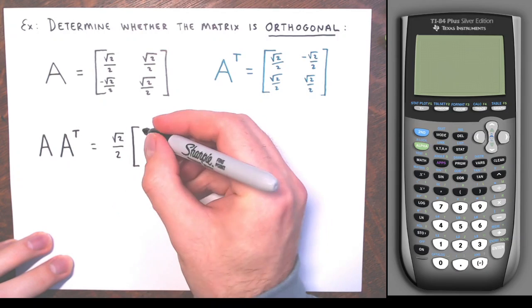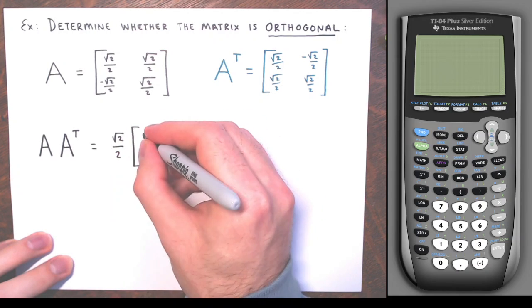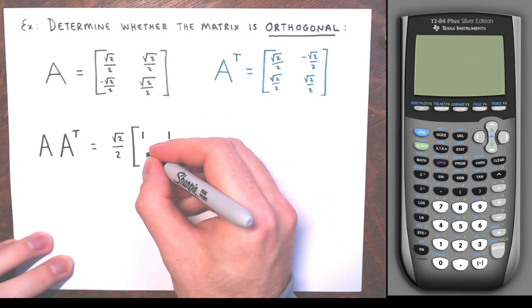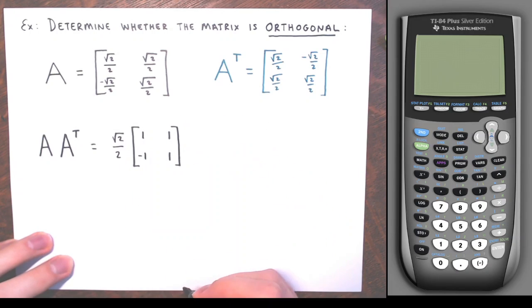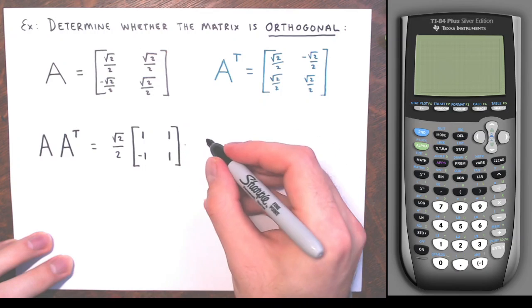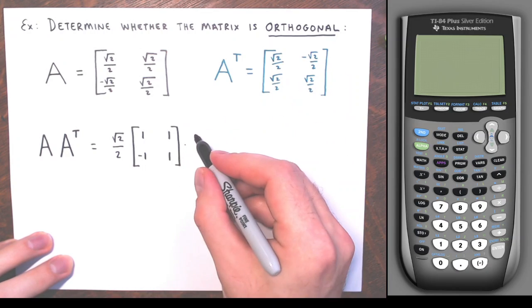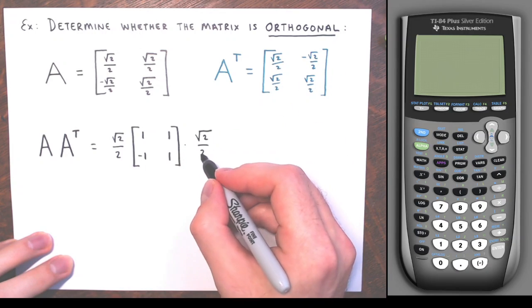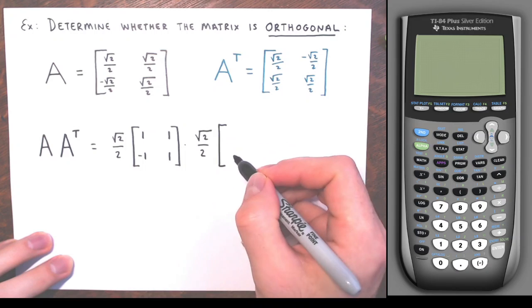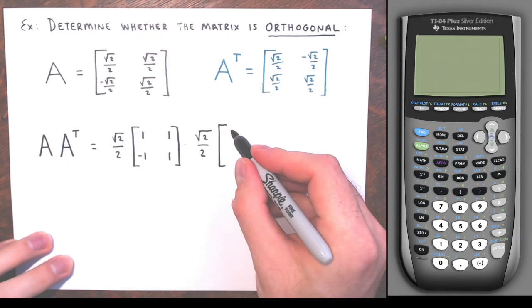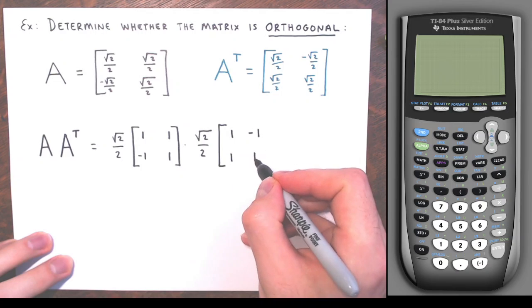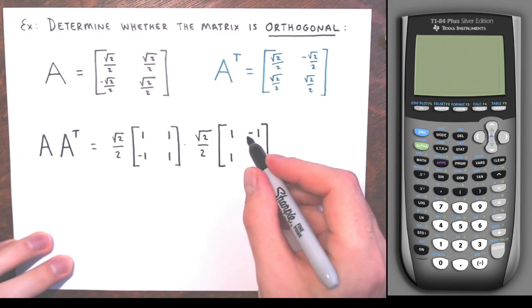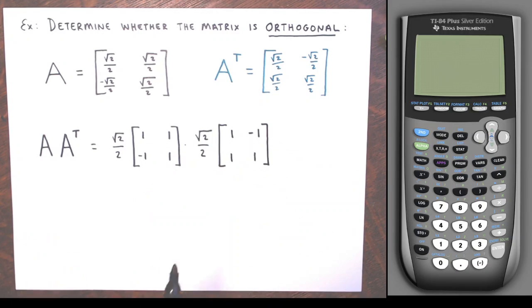So it's square root of 2 over 2 times the matrix 1, 1, negative 1, 1. There's matrix A. Multiplied by, and again these all have the square root of 2 over 2 in common, so square root of 2 over 2 pulled out, times the transpose 1, negative 1, and then 1, 1. And that's the transpose of this matrix.